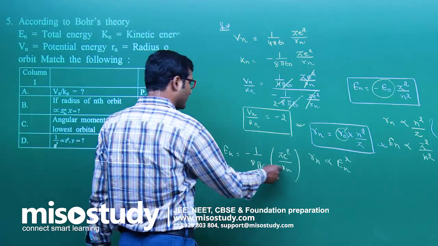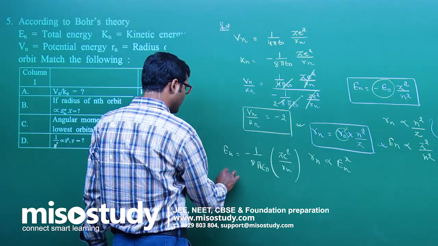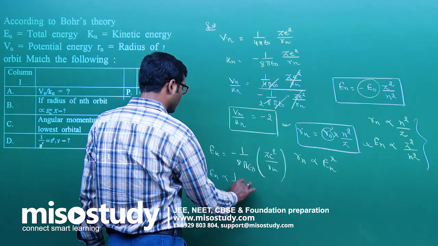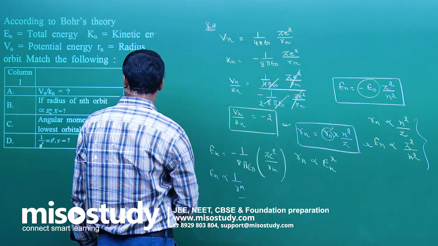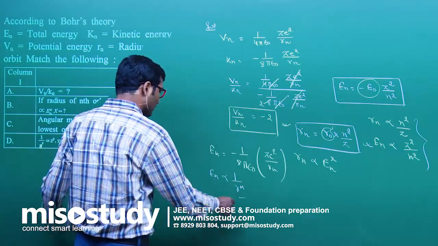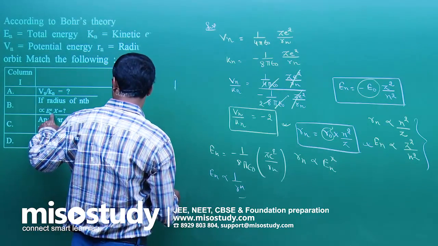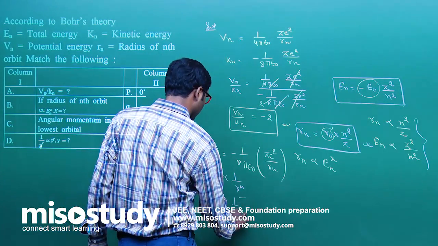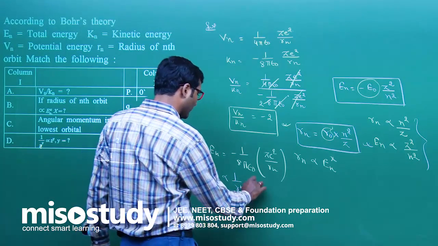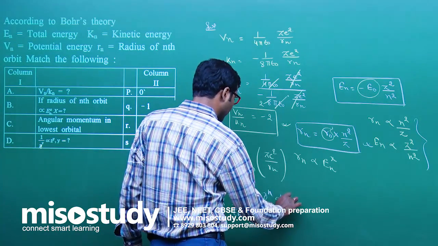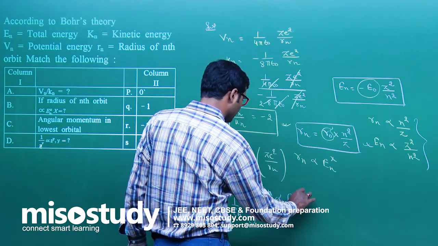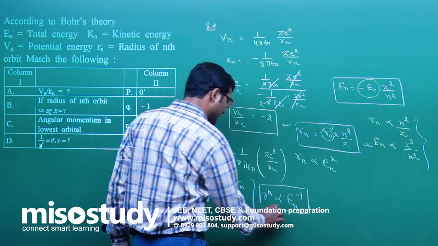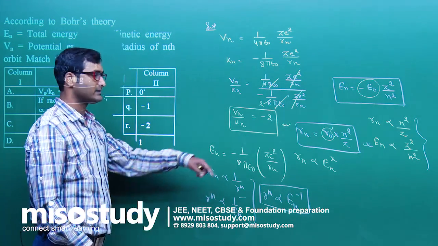So what is the relation here? En is directly proportional to 1 upon Rn. So Rn is inversely proportional to En, or you can write Rn is directly proportional to En to the power minus 1. That is the sense.